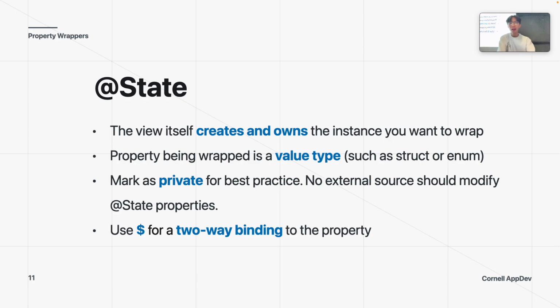So in that case, I will use @state, and this only works for value types such as struct, enums, ints. So you also want to mark it private for best practice, because nothing should be modifying this property that you own. And you can use a $ sign to create a two-way binding to the property. In other words, a read and a write.